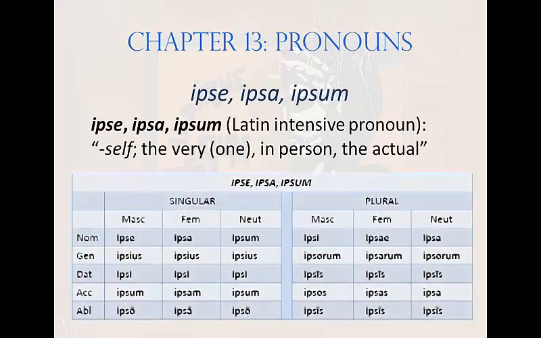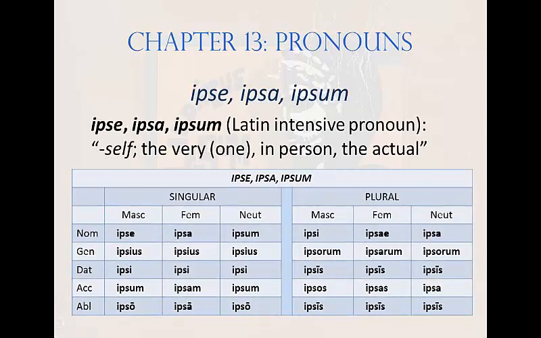And here are the forms of ipse, ipsa, ipsum. Look familiar? They should. The endings are virtually identical to ille, illa, illud. The only difference? The irregular d at the end of the neuter nominative and accusative singular of illud is missing in ipse, ipsa, ipsum.